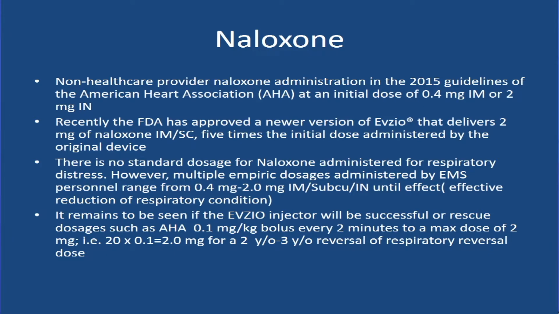Therefore, it's important for us to understand a rescue dose may reverse entirely all the effects of the opioid drug. However, it may not be sufficient to rescue the patient that's been overdosed.